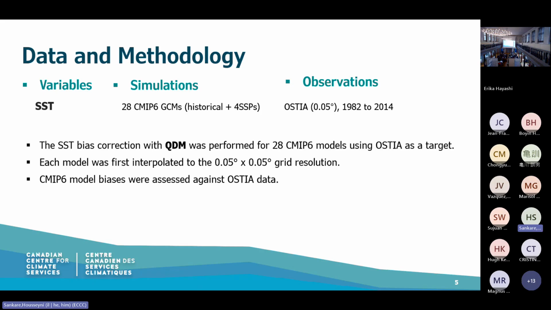For SST bias correction, we used the quantile delta mapping method that we apply to all 28 models. For each model, first we interpolated them at the 0.05 degree resolution, that is the OSIA resolution. And then we assess the output against the OSIA data.